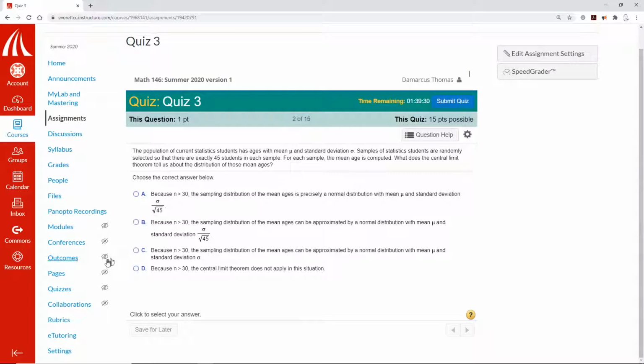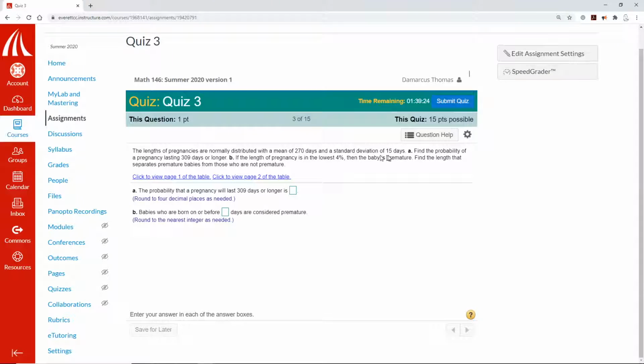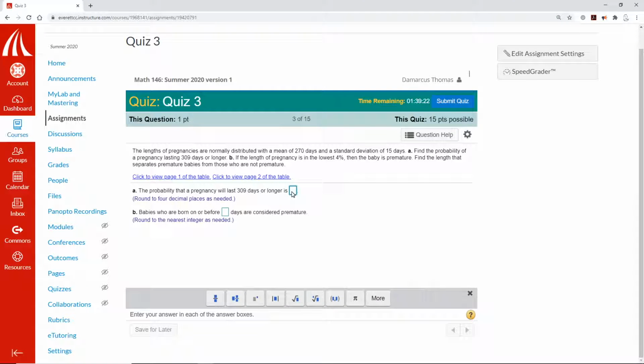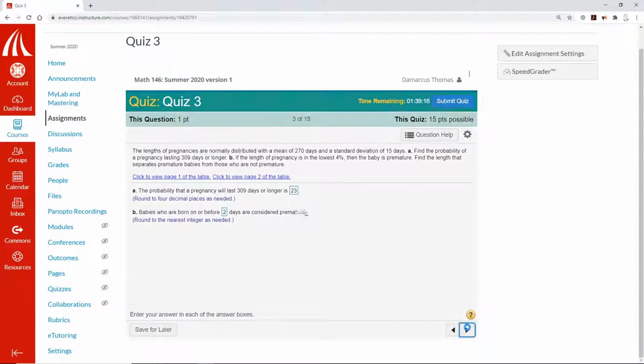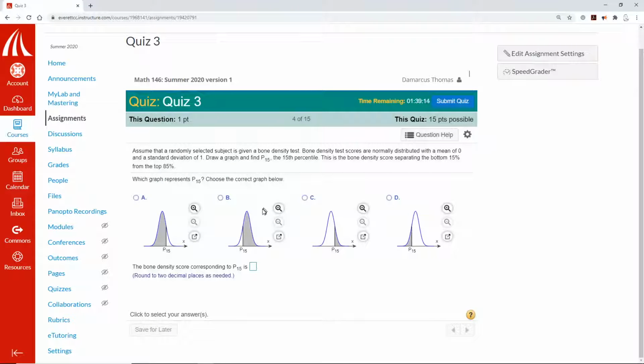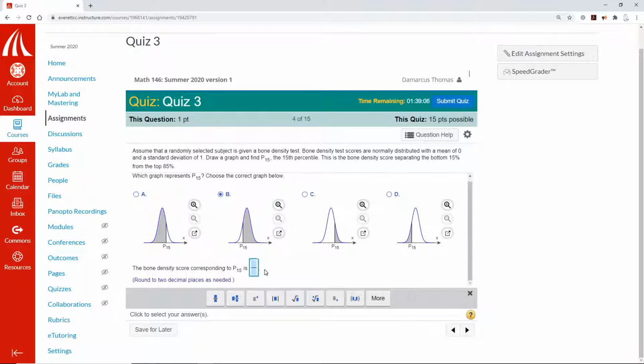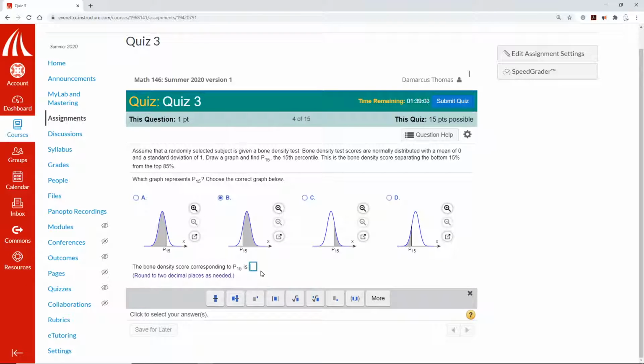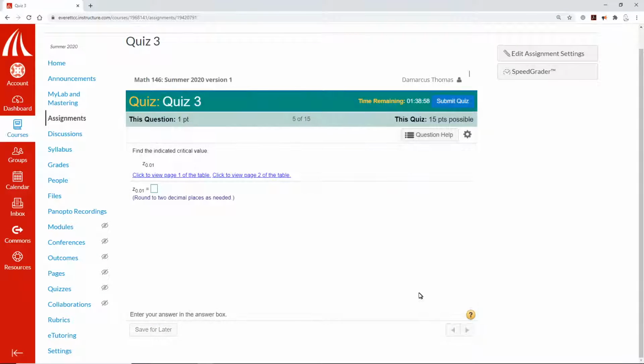Uh-oh. What are they talking about here? There's another one talking about pregnancies. 85th percentile, 5th percentile. It's hard to say. Keep in mind what this means.